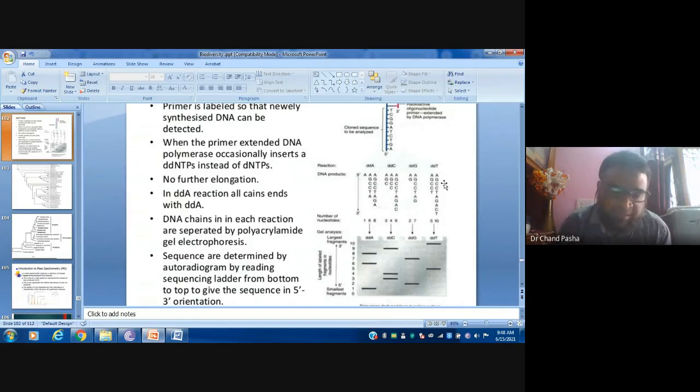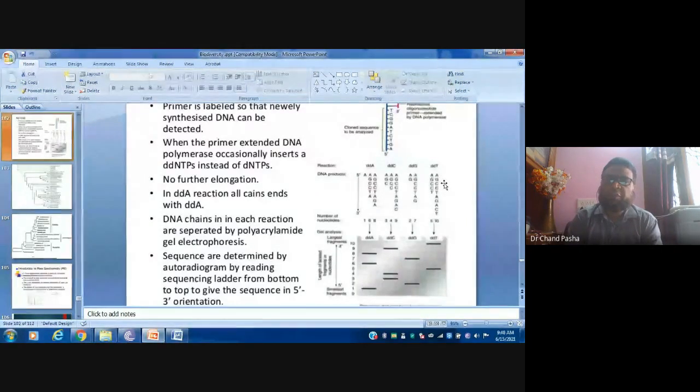This is called Sanger's method. There are many methods, but this is the most approved and most advanced method. Basically it is a PCR, but in this PCR there will be 80% normal nucleotides and 20% dideoxynucleotides. The dideoxynucleotides will terminate the reaction wherever they are incorporated, so a short fragment is created.